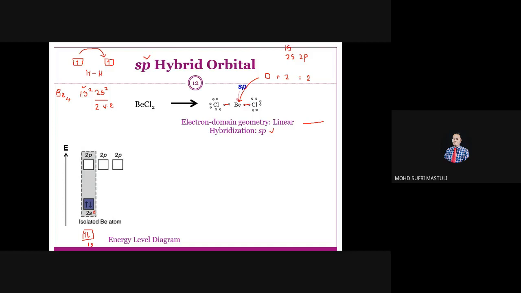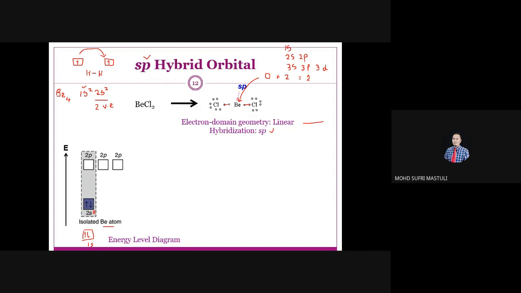And the third shell should be 3s, 3p, and also 3d.